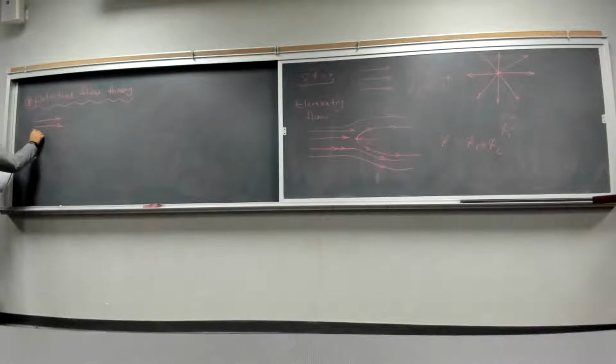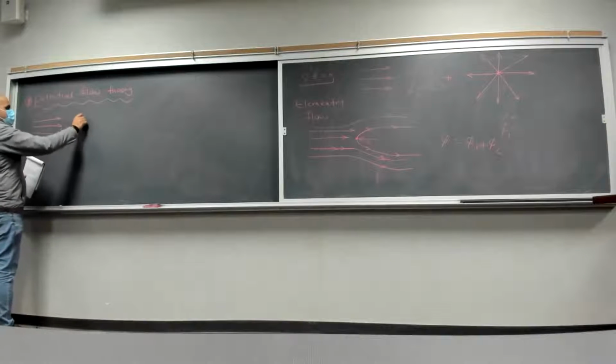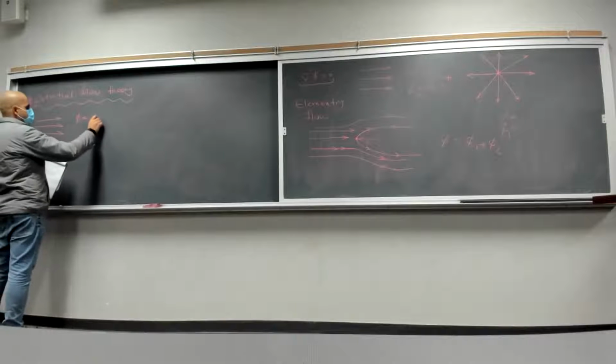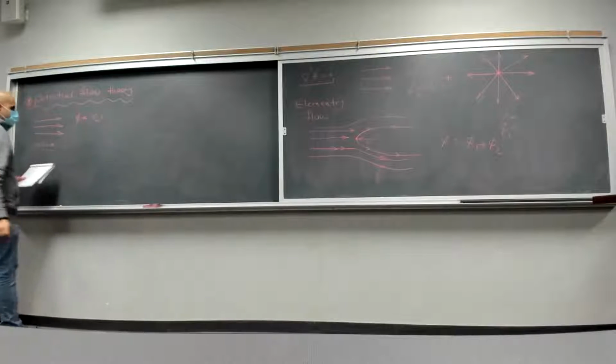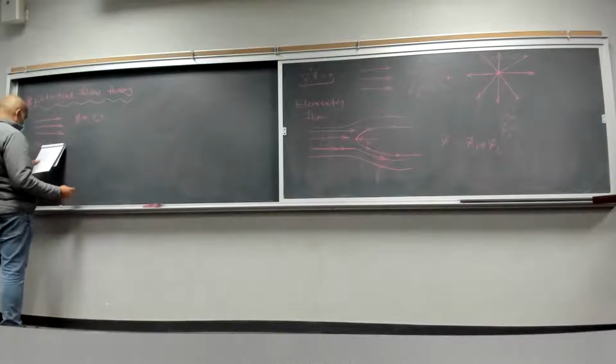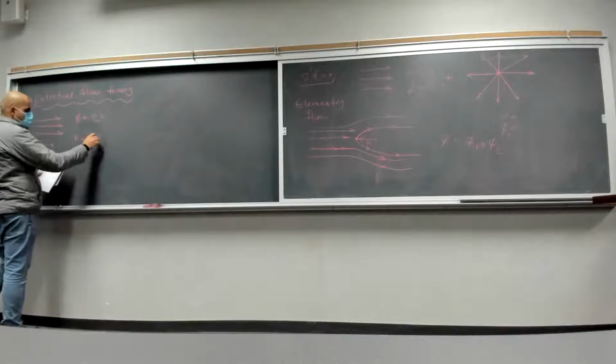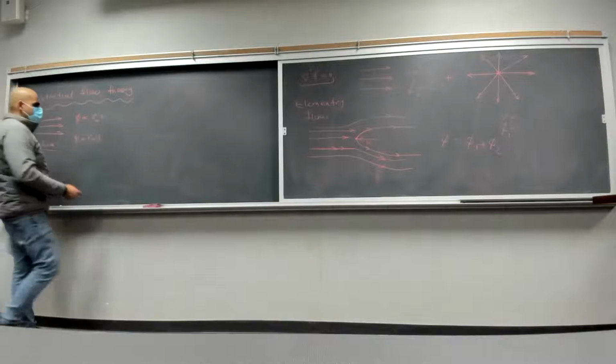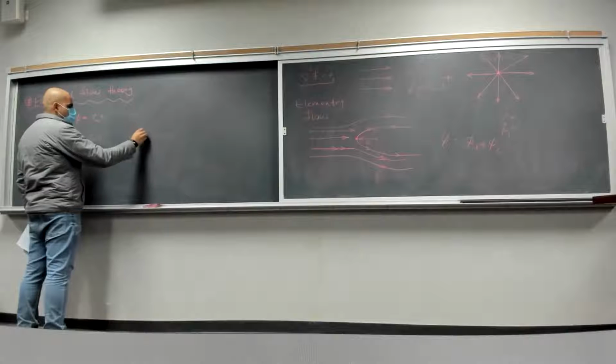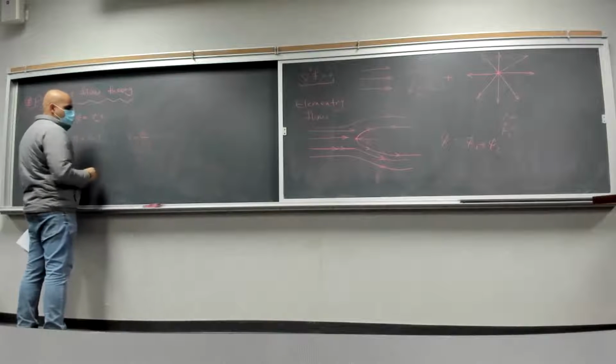The first elementary flow is the simplest type of flow, a uniform flow in which all of the streamlines are moving at a velocity v infinity. The velocity potential for this is going to be v infinity multiplied by x, and the stream function is going to be v infinity multiplied by y, for a very simple reason. The stream function is defined such that u is partial psi partial y, right?